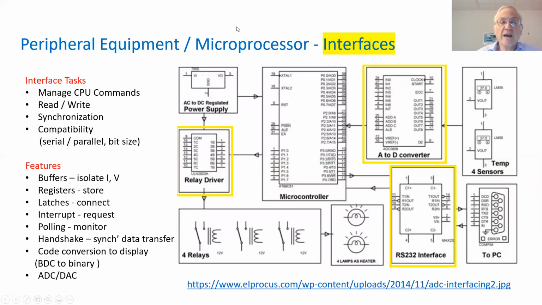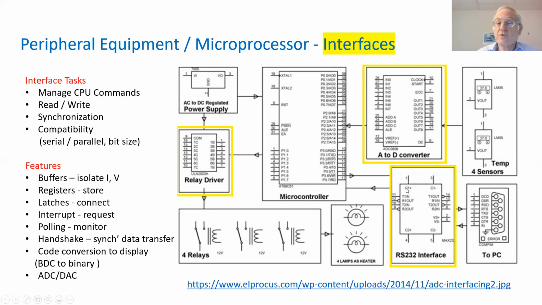We have here an example of various interfaces between the I/O devices and the microcontroller. We see that we have here 3 ports, and 3 of them are connected to I/O devices like a temperature sensor, and that is the A to D converter as an example, as an interface.